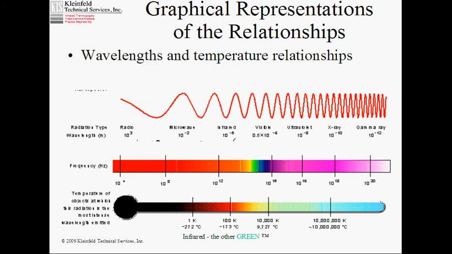Just some graphical representation. You have wavelength representation there, and you can see you start with radio, microwave, infrared, visible, ultraviolet, X-ray, and gamma ray, shorter and shorter wavelengths. In terms of frequency, the middle presents that.